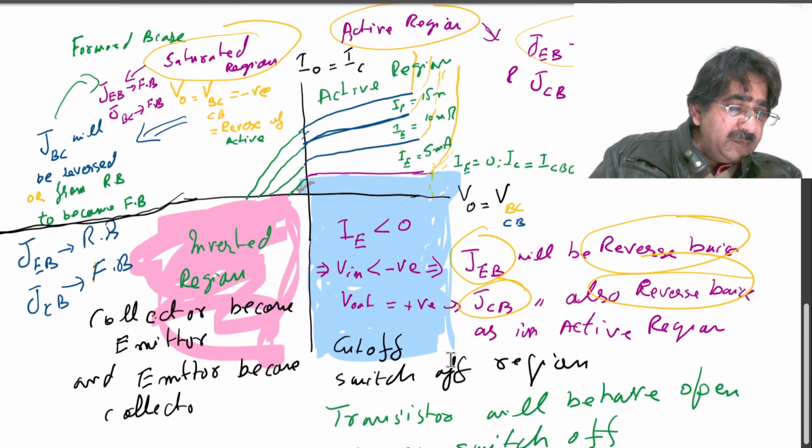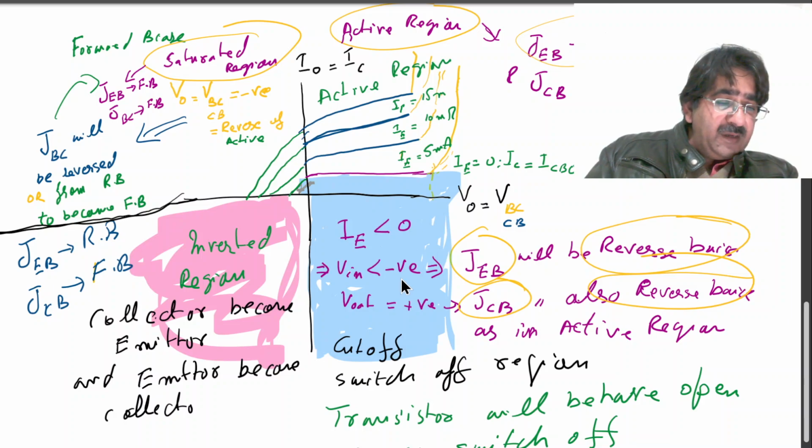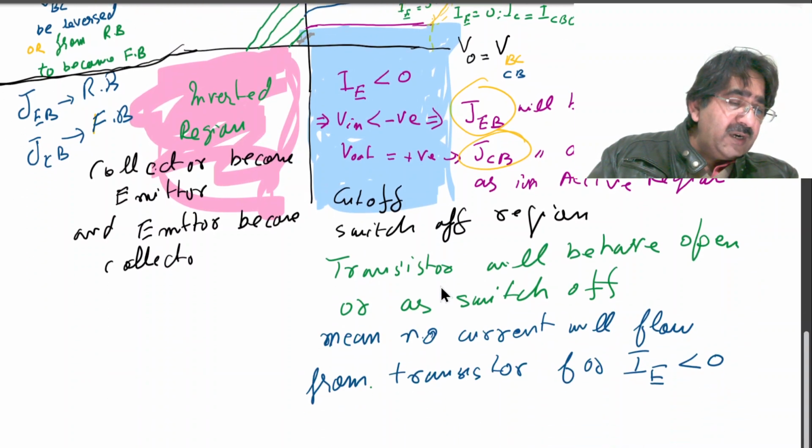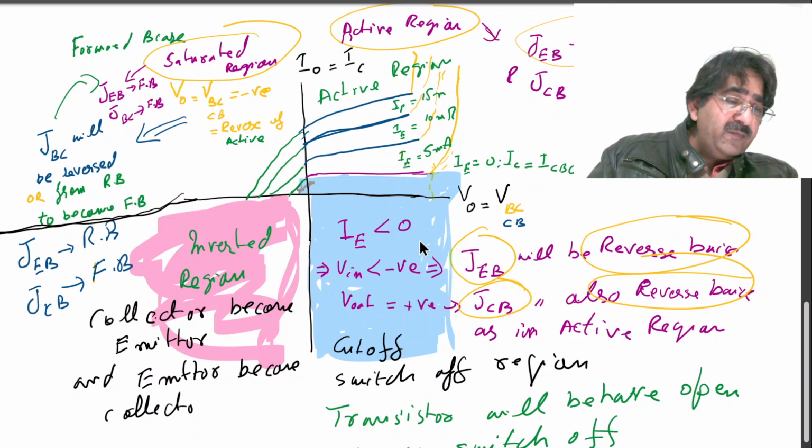Because the emitter current is zero, meaning V in will be negative. Where it was forward biased, it will become reverse biased, and CB will also become reverse biased. Since both are reverse biased and no current flows, it is defined as the cutoff region.